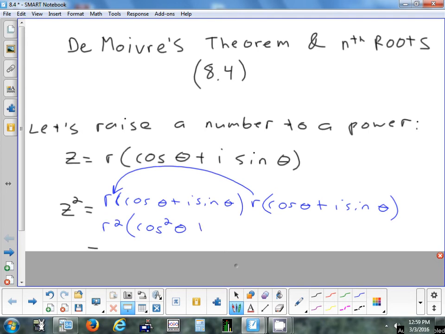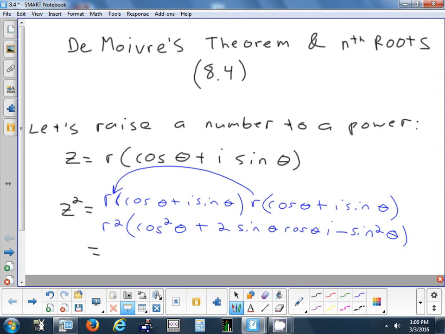So we can write plus, I'm going to write it like this, 2 of the i sine cosines. Okay, that's imaginary. And now the last part, i sine times i sine. What's i times i? -1. So minus, what's sine times sine? Sine squared. All right. So now we've done out the arithmetic. All I'm going to do is regroup it, and hopefully you recognize some identities.